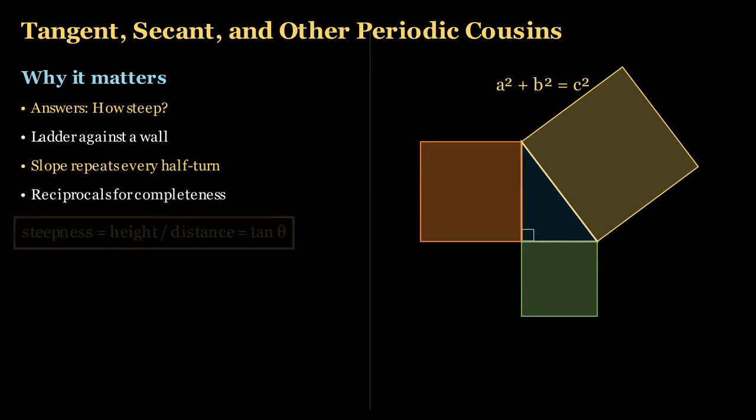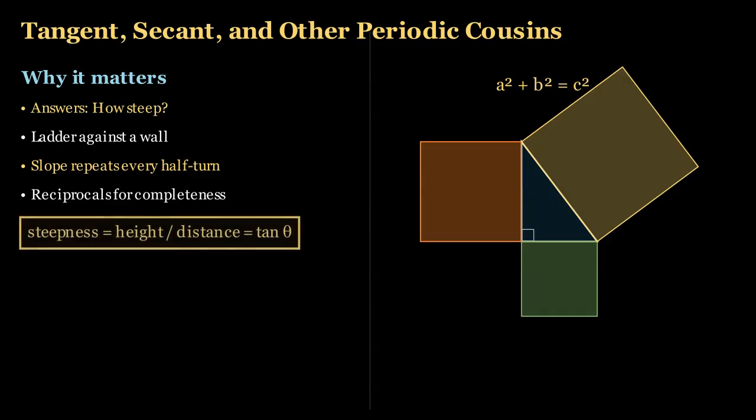So tangent answers the how steep question directly. The other functions, secant, cosecant, and cotangent, just flip these ratios upside down. They pop up naturally in equations and later in calculus, so it is good to know them as a complete set.